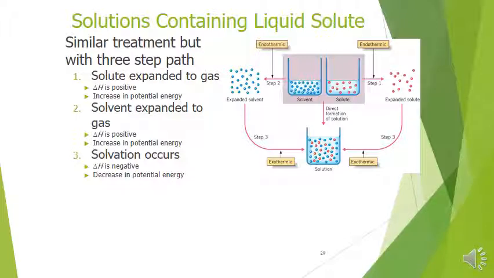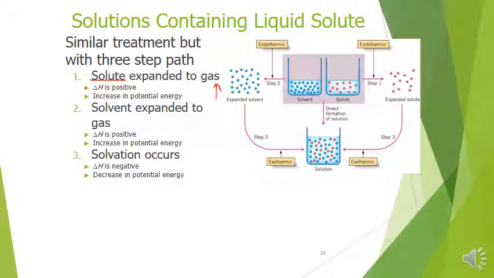Okay, so now let's look at what happens when you add a liquid solute. I talked about this earlier with ethanol. When you put ethanol in water, the ethanol dissolves. There are 3 steps here. The first thing is the solute has to be expanded into a gas. So if this is ethanol, first of all, you have to have it break apart and behave like a gas, and this again requires energy.